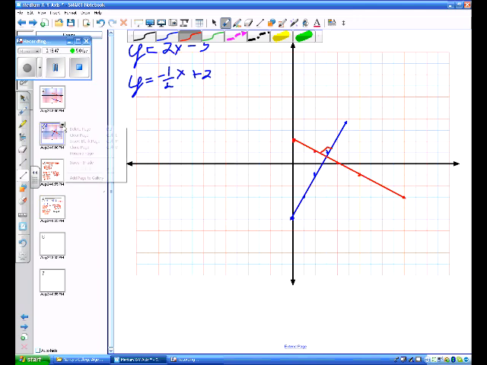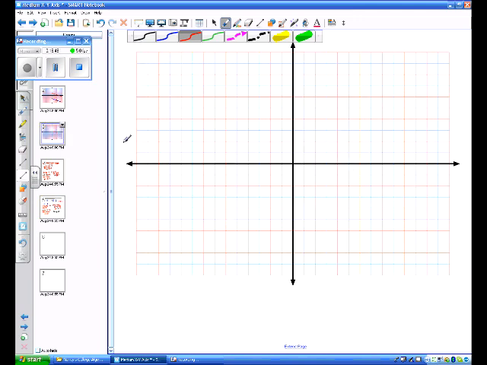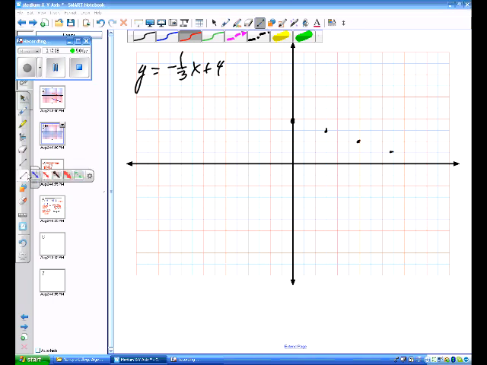So if we graphed the first equation that we had, we came up with y is equal to negative 1/3 x plus 4. So our intercept's at 4. Our slope is down 1 to the right 3, down 1 to the right 3, down 1 to the right 3. Graph that line.